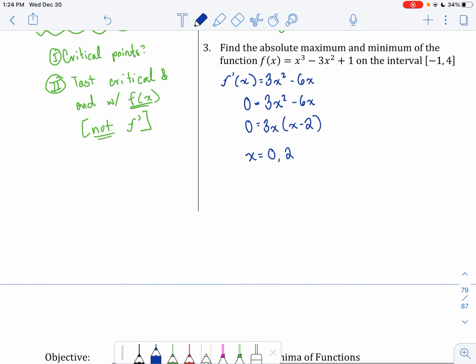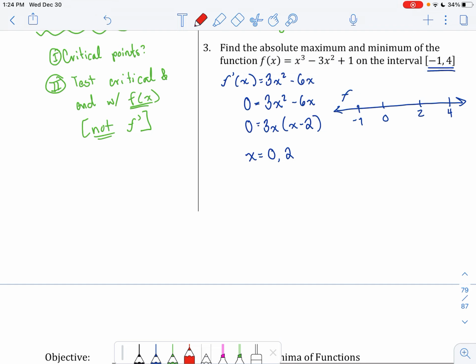So the values that we're going to test are f of x at our endpoint, which is -1, then 0, 2, and then our other endpoint 4, given this interval here. I'm just going to scoot that down real fast, give us a little bit more space.